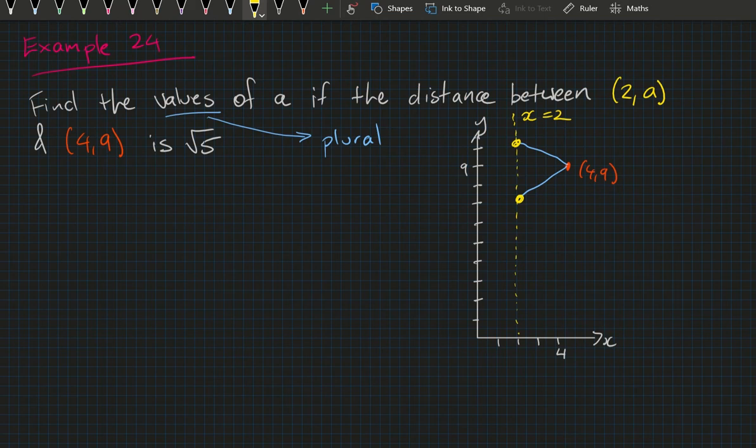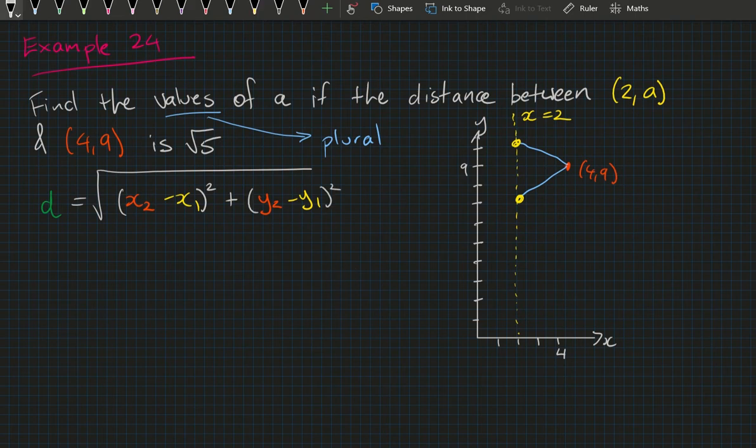So let's use the formula and write it out as we learnt it to start with, which was d equals the square root of the run, or x2 minus x1 all squared, plus the rise, which is y2 minus y1 all squared. And then now we can sub in the numbers that we're given.